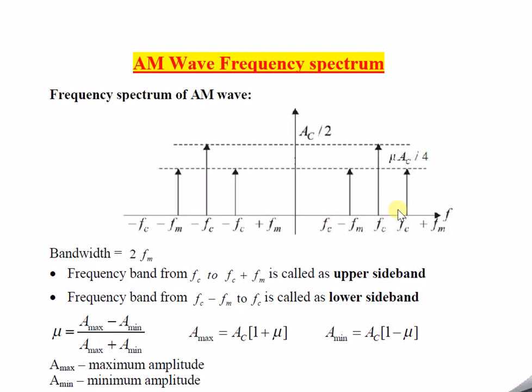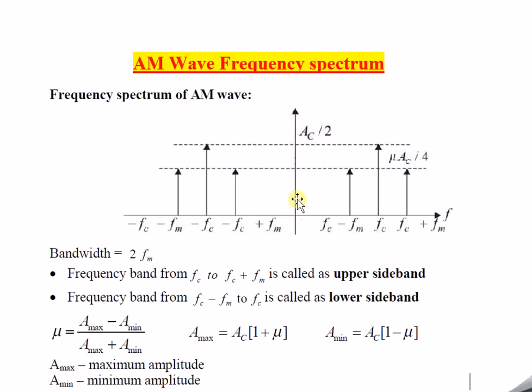So the frequency spectrum is a graphical representation of amplitude on the y-axis with respect to frequency on the x-axis. How is amplitude measured? Frequency unit is hertz, a standard unit. Amplitude is usually measured in volts, usually in terms of millivolts or volts. So in this way, now we will try to analyze.